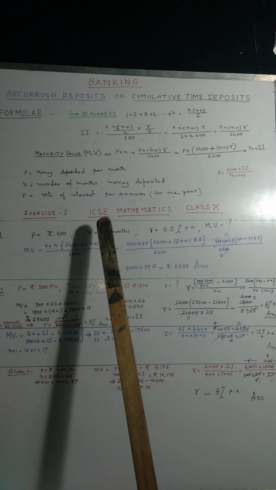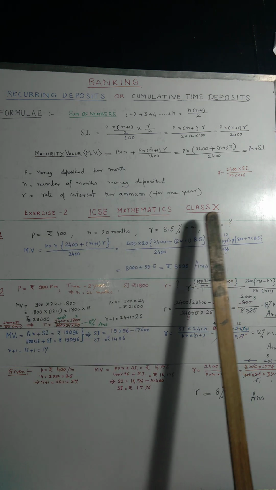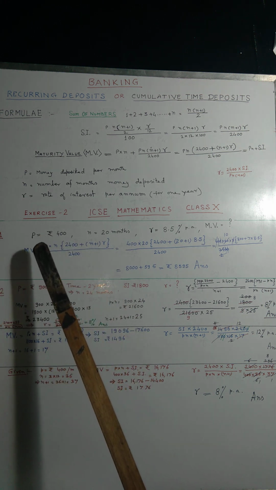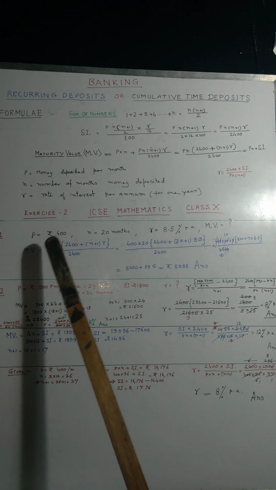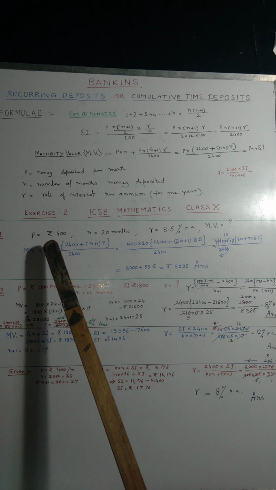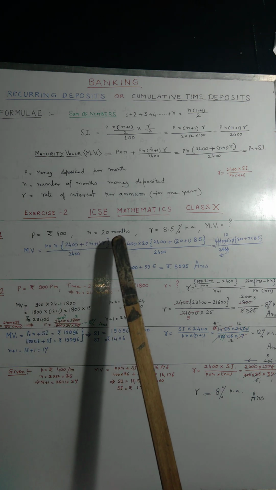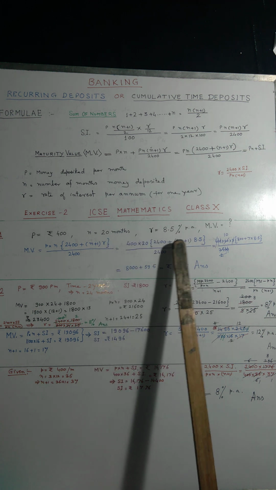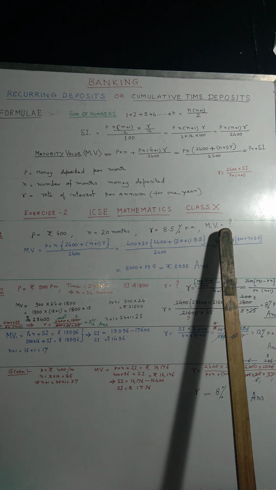Exercise number 2, ICSE Mathematics Class 10. Question number 1. Here in the question, the principal per month is given, that is how much is being deposited: rupees 400 per month. Number of months is 20. Rate of interest is 8.5 per annum. We have to find out the maturity value.